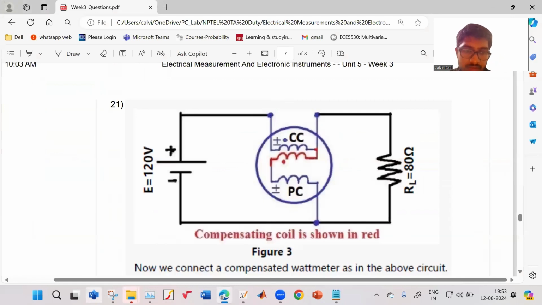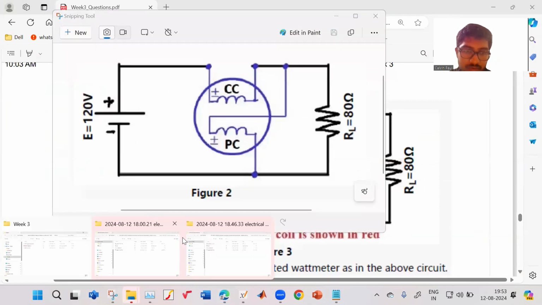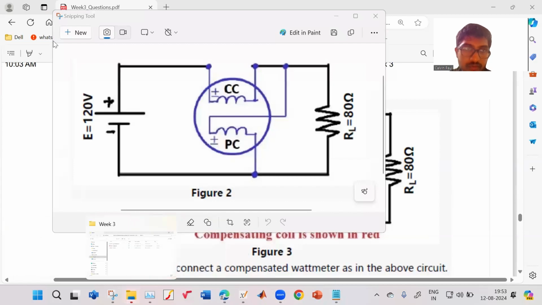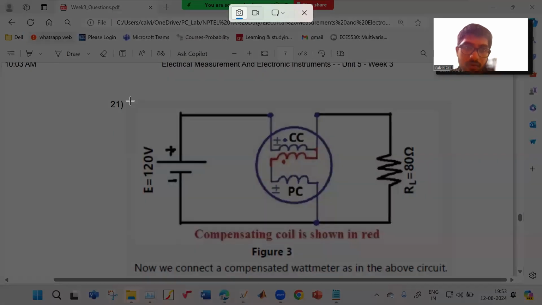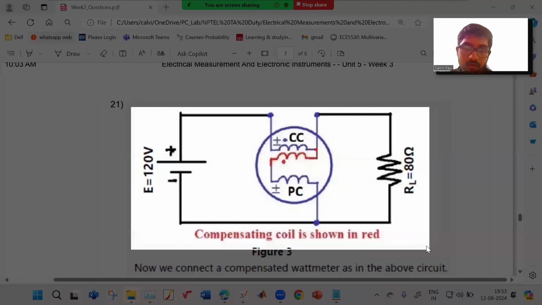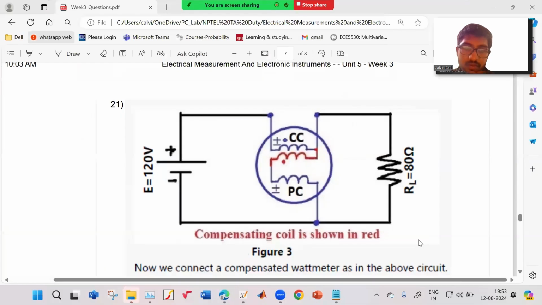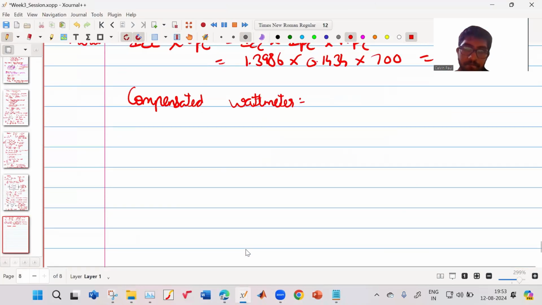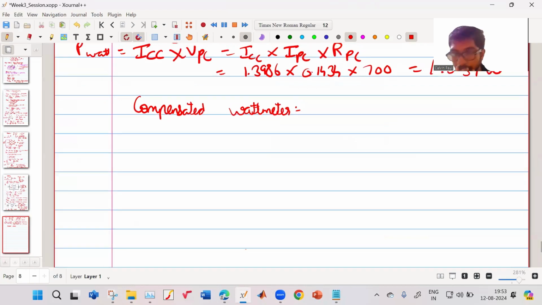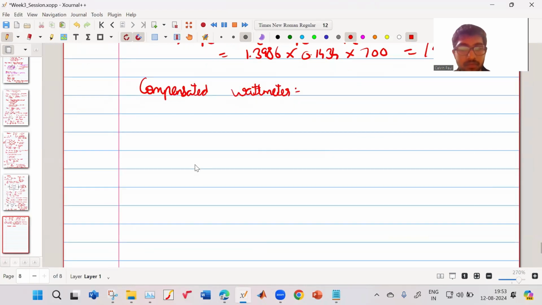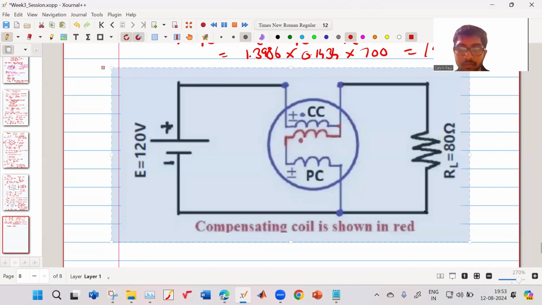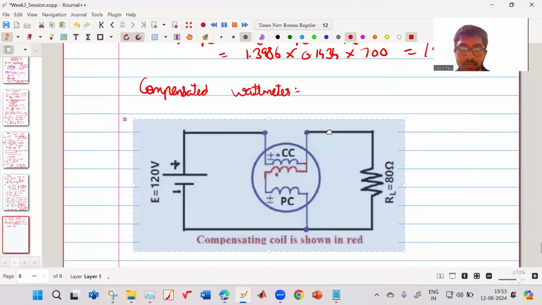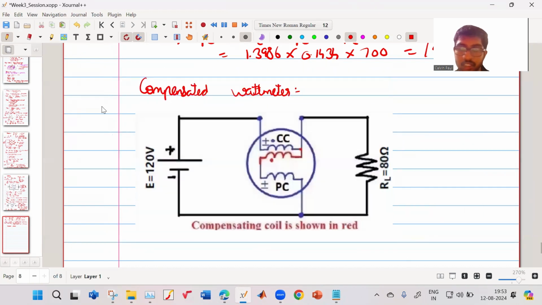Okay. So we will see a sum. Let us see this. So this is my compensated wattmeter.